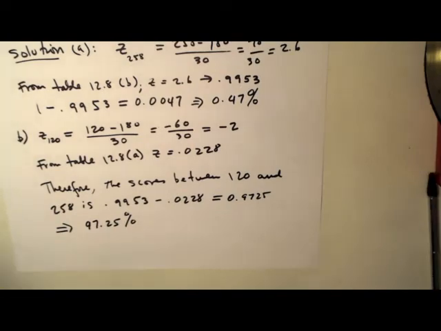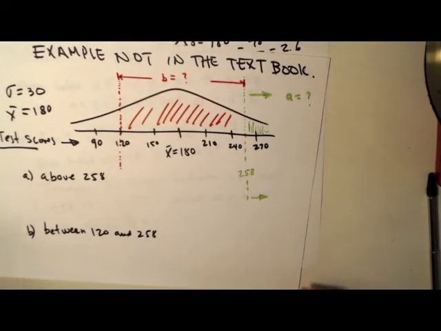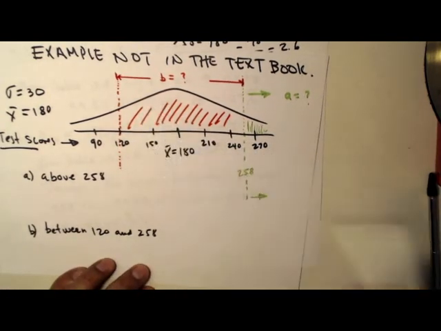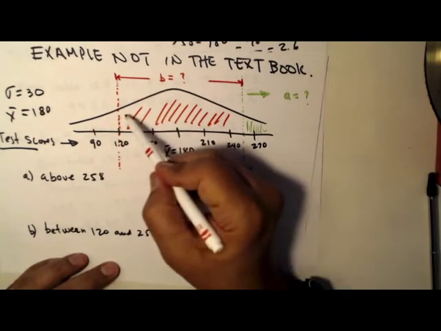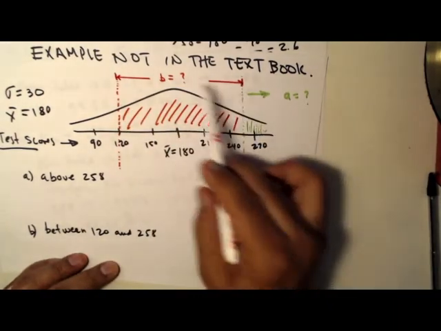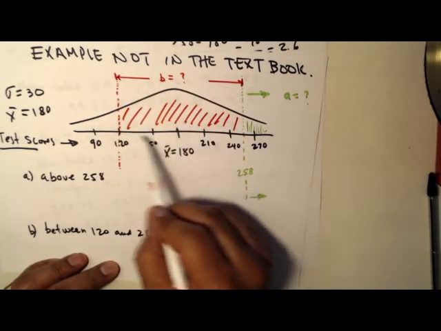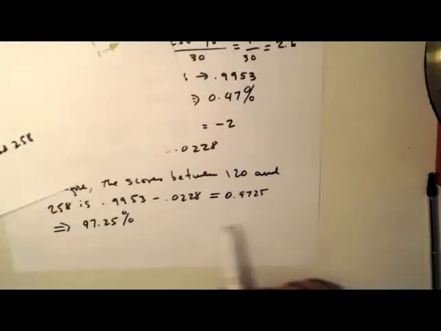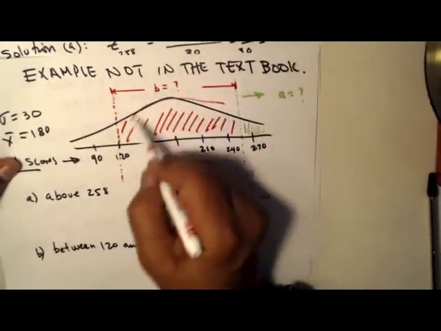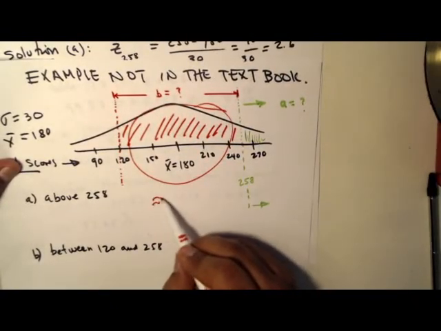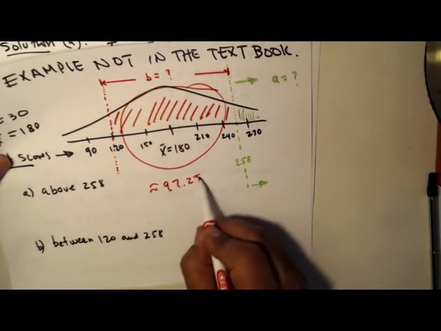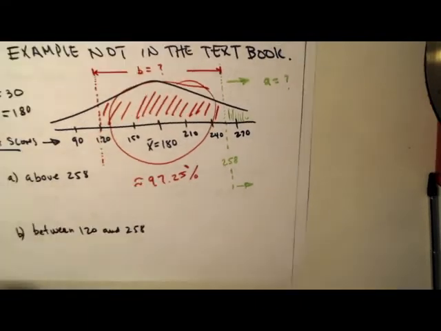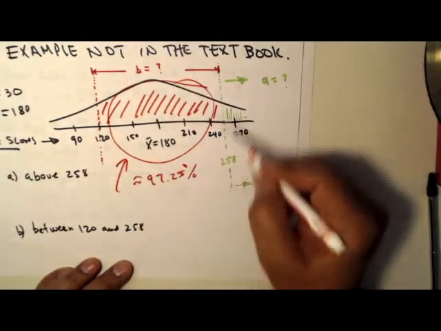And so if you look at the curve, it means that most of the data is basically falling under this curve right here, right? That will be 97.25% that you get under this curve.